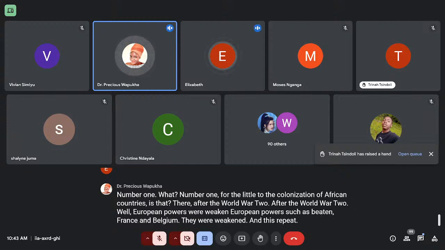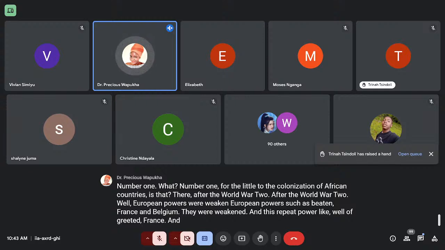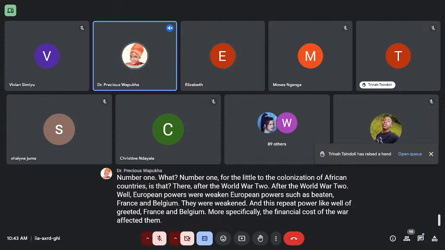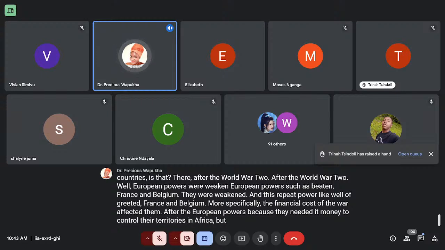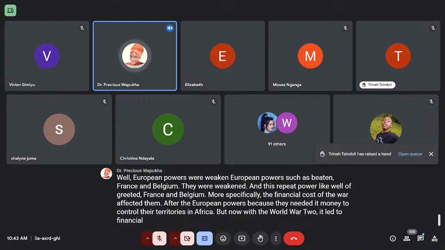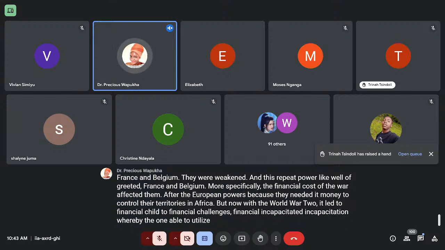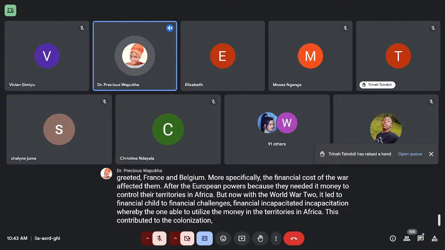More specifically, the financial cost of the war affected the European powers, because they needed this money to control their territories in Africa. But now with World War II, it led to financial incapacitation, whereby they were unable to utilize the money in the territories in Africa. This contributed to decolonization of Africa.